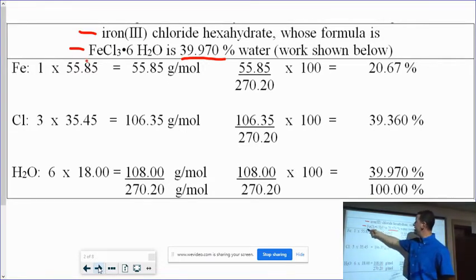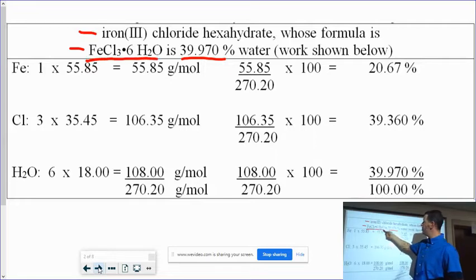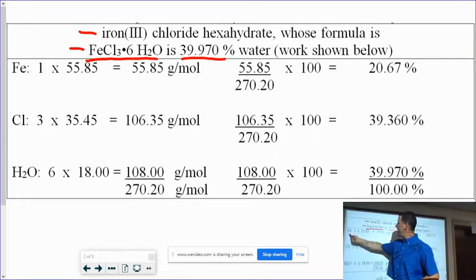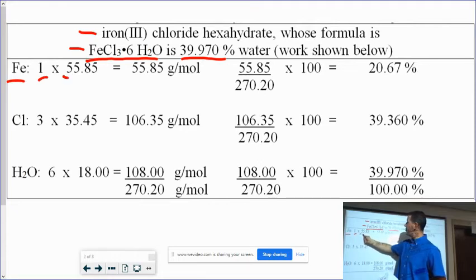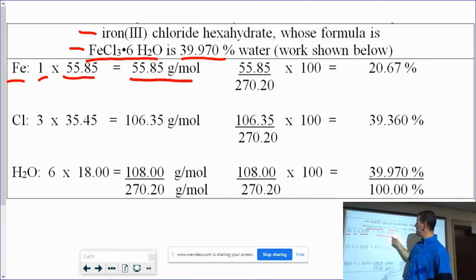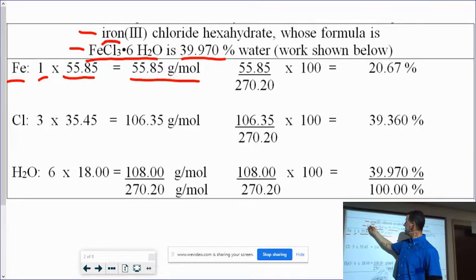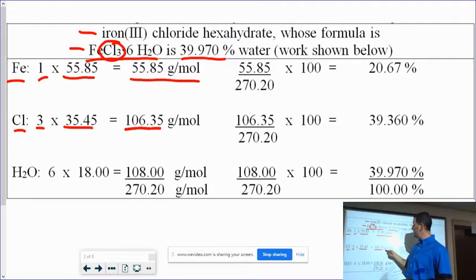So in FeCl3·6H2O, I would write Fe right here, like I have it. I have one of those Fe's. This is the molar mass off the periodic table, and this is the mass of just the iron in the compound. And then I'm going to do the 3 Cl's right here. So I write down Cl. I have 3 of them. This is the molar mass off the periodic table, and this is the mass from just the chlorines.